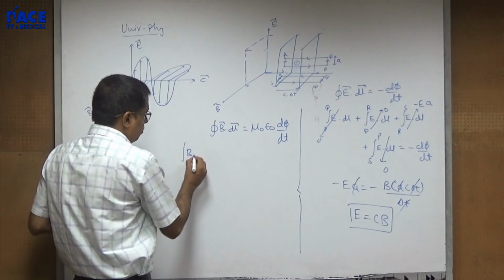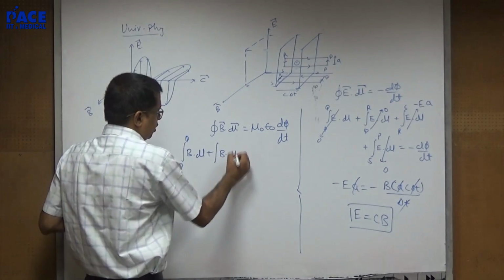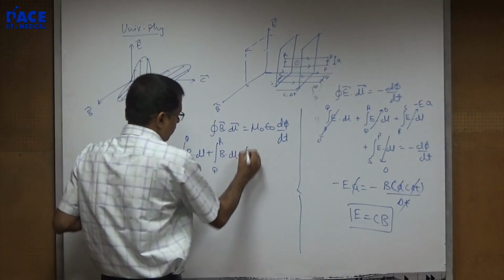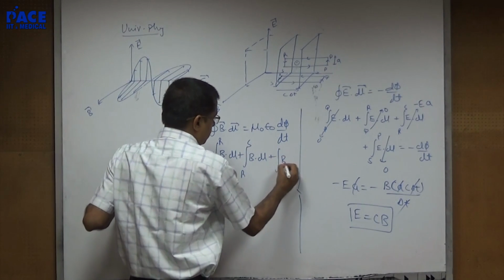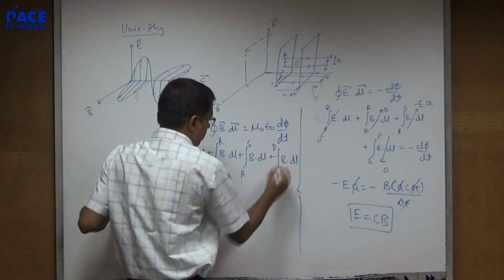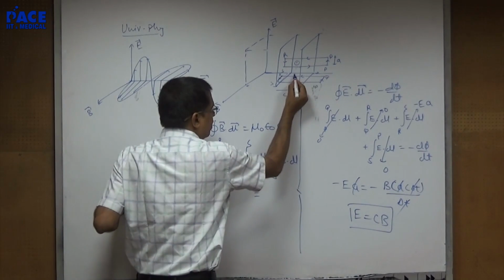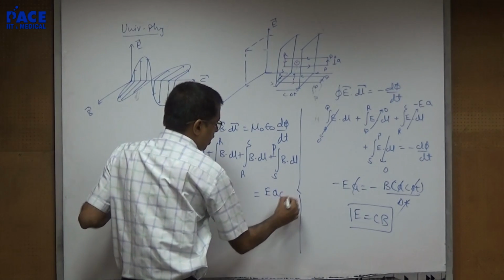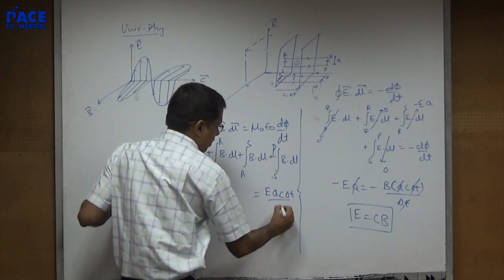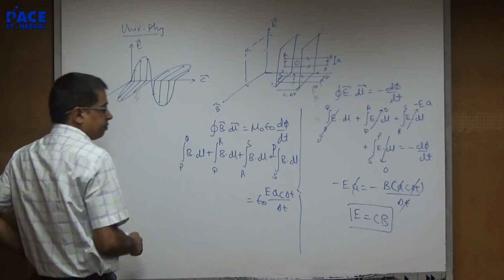This is B dot dl P to Q plus B dot dl Q to R plus B dot dl R to S plus B dot dl S to P will be equal to mu naught epsilon naught d phi by dt. Here the electric field is upwards. Electric field into A into C delta t divided by delta t multiplied with epsilon naught.